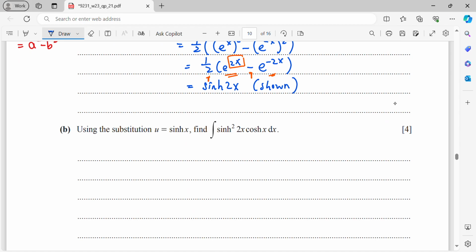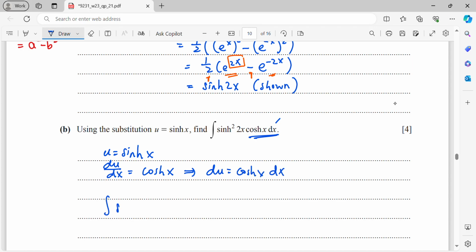Okay, now part B, using the substitution u equals sinh x, find this integration. So I will write u is sinh x first. Now you need to get du/dx. To differentiate hyperbolic sine x, that is hyperbolic cos x. Then from here, I will write my du is cosh x dx.